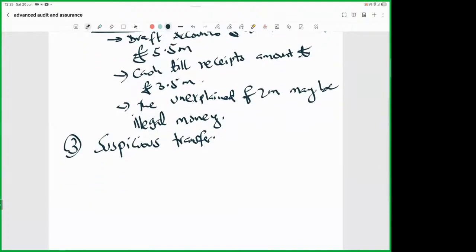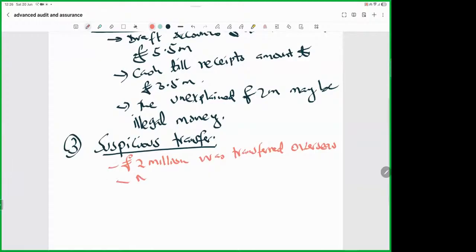Remember, my very good students, we are told somewhere here that pounds 2 million was transferred overseas with no supporting documentations.